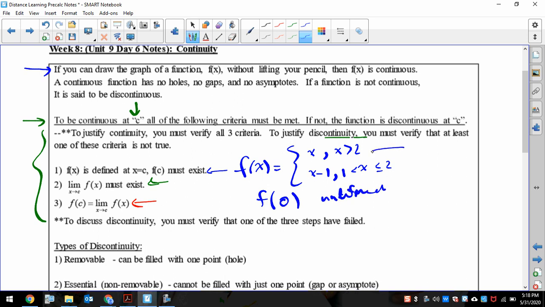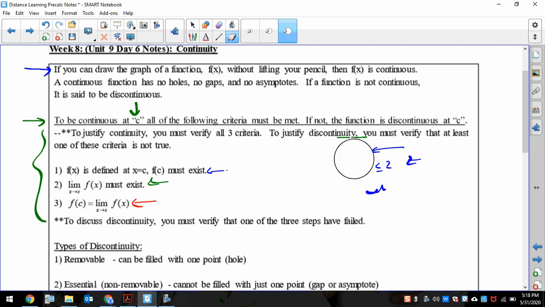It doesn't go to either one of our rules here. 0 is not greater than 2, and 0 is not between 1 and 2. So this 0 would be undefined. So the first condition that must be met is that the function simply must be defined. If it's not defined, then there's no hope of continuity at the point.